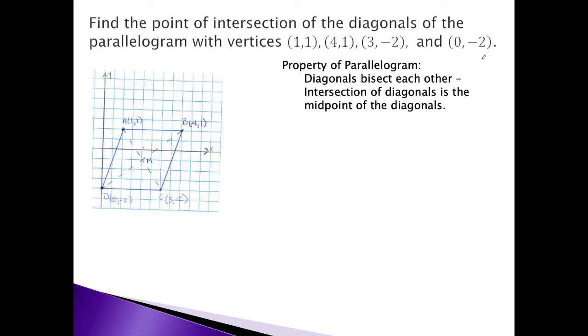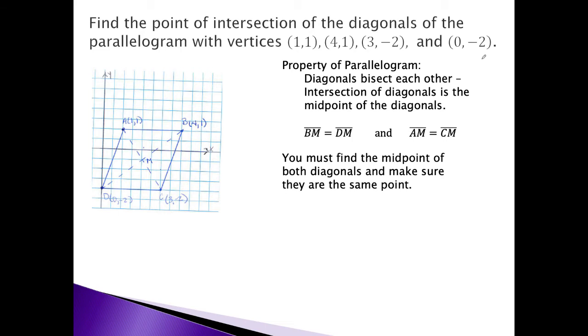That means that I have to find the midpoint of the diagonals, and I have to determine that that midpoint is the same for each of those diagonals. So I need to find the midpoint between AC and the midpoint between BD and show that those midpoints are the same point, then I'm good.